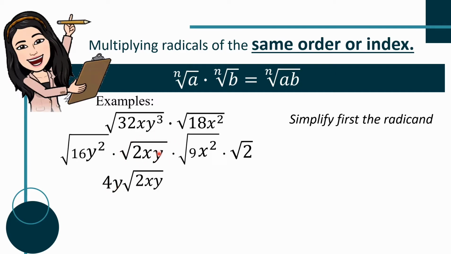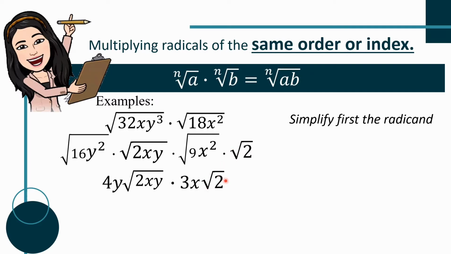We just need to copy it. Okay, are you following? I hope so. Next, multiplied by, extract again the roots of 9x squared. The square root of 9 is 3, and the square root of x squared is x, because 2 divided by 2 is 1. Okay, its exponent is 1. Then, we just need to copy the non-perfect nth root. So, we have the square root of 2.